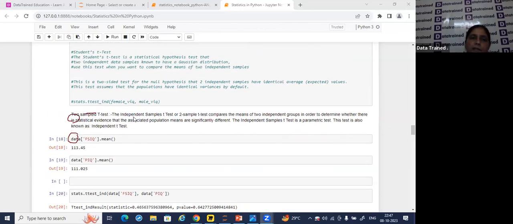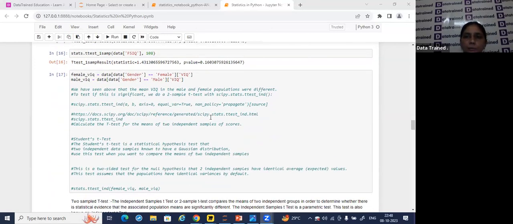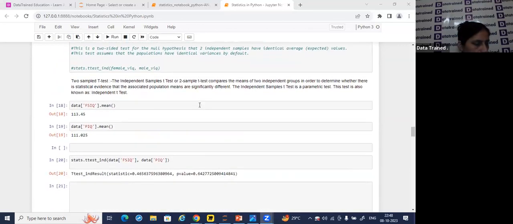So the actual value is 111 and here the actual value is 113, which is similar, nearby to 106, or this is identical to 108. It is not exact, but identical. Hence, the P value is greater than 0.05, as it is saying 0.16. So the null hypothesis is accepted here.